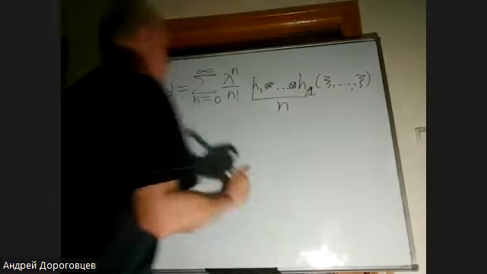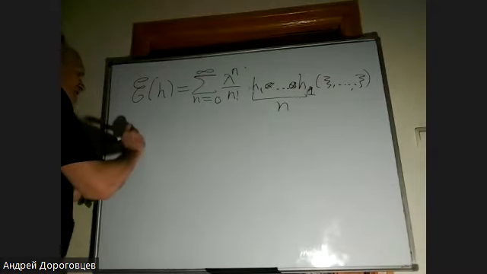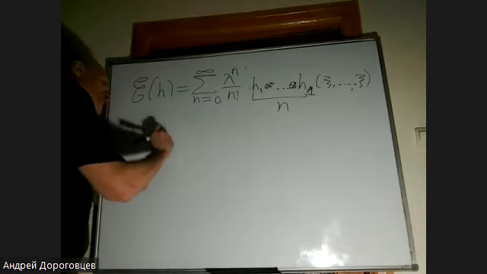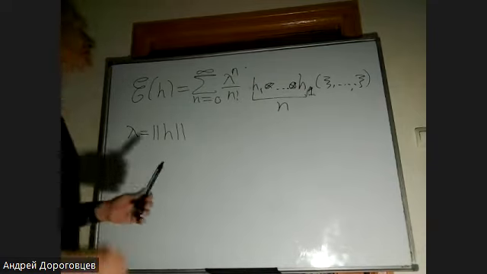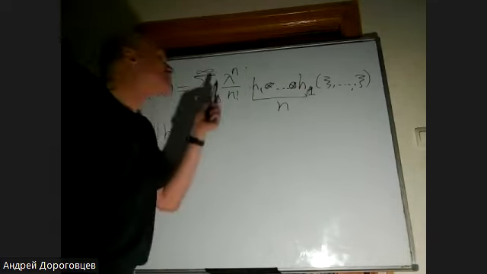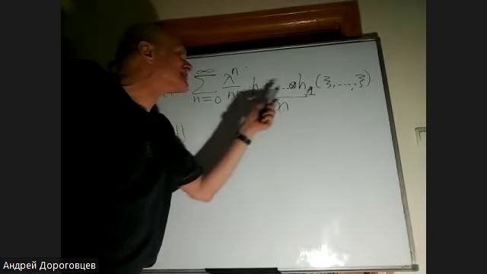But now lambda was defined as the norm of h. So what happens if we multiply lambda to the power n by this tensor product?